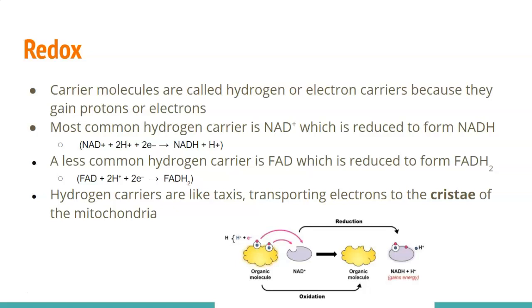You don't need to know anything more about them except that NAD plus is reduced to form NADH and FAD is reduced to form FADH2. I mentioned this before, I'll mention it again. Hydrogen carriers transport electrons to the cristae of the mitochondria, which is the inner folds of the mitochondria, but ideally what you know is that they transport electrons to be used further down the line in cellular respiration.